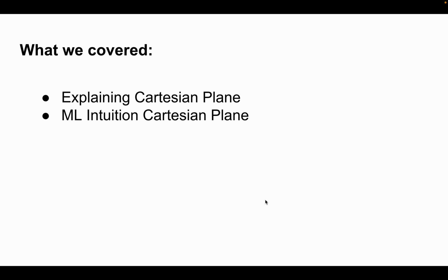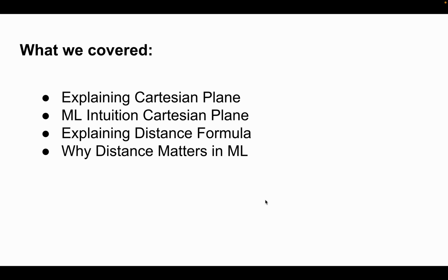So finally, let's quickly review what we learned. We learned what the Cartesian plane is. We saw how distance is calculated, and also took a look at the distance formula and why it matters in machine learning.